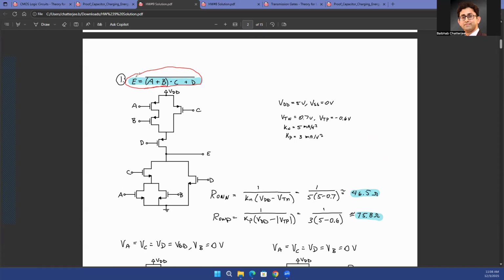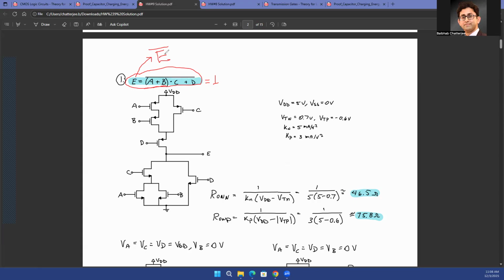And to draw the pull down network, you'll be interested in what is E bar, right? Because you are interested in when you discharge the output. This digital logic means that when A plus B ANDed with C plus D whole bar is satisfied, the output is going to be equal to 1. But the NMOS's job is to make the output equal to 0, to make the output discharge.